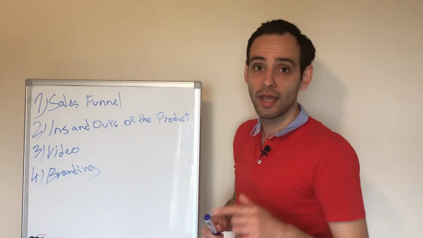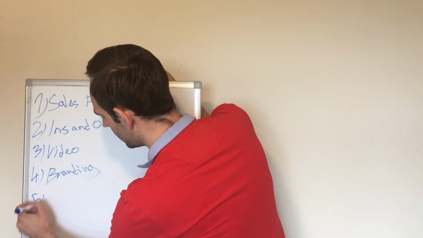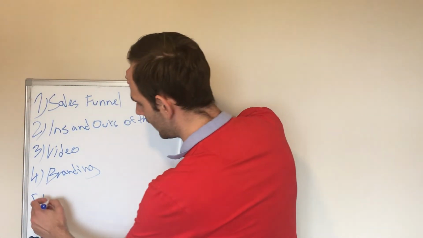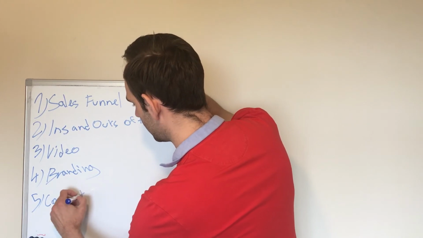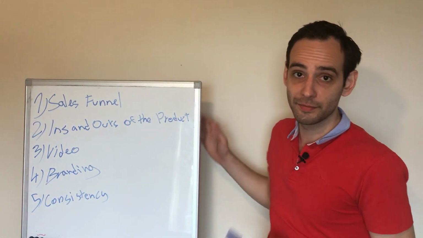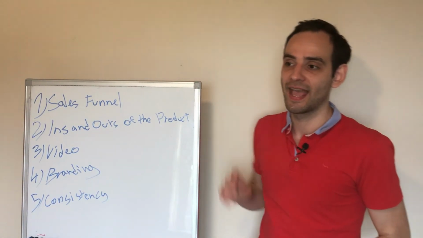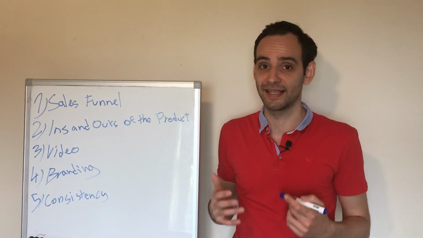So that's number 4. And last but not least is going to be one of my favorite ones: consistency. Now guys, you've probably heard it before, consistency is the key, and it really does apply in affiliate marketing as well.